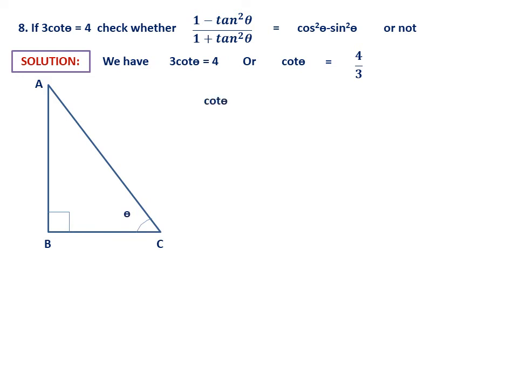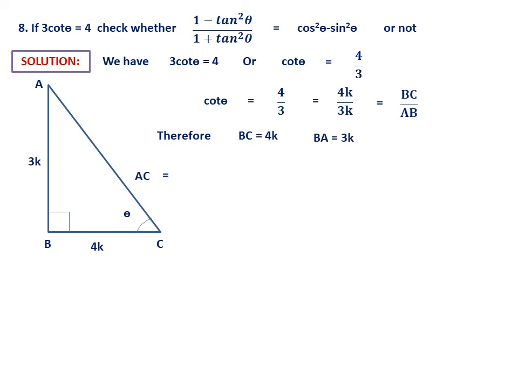Then once theta is fixed, cot theta equal to 4 by 3. Therefore this you can write 4k by 3k, and you know that this will be equal to BC by AB. Cot theta is adjacent BC by opposite side AB. Therefore, BC will be equal to 4K and AB will be equal to 3K.